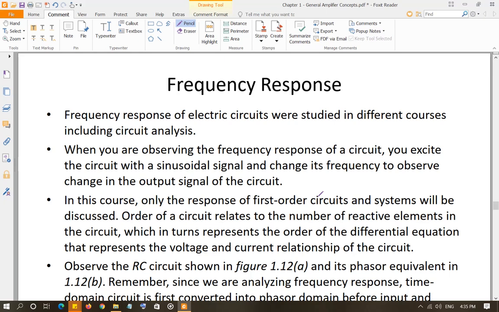So when you change the frequency of the sinusoid, instead of changing the magnitude of the input, those inductors and capacitors in the circuit, their behavior is going to change, because remember the reactance of inductor and reactance of capacitor. What is the reactance of an inductor? XL is equal to j omega L, and the reactance of a capacitor, XC, equals 1 over j omega C. Omega is the angular frequency, which is equal to 2 pi f. f is the cyclic frequency in hertz.